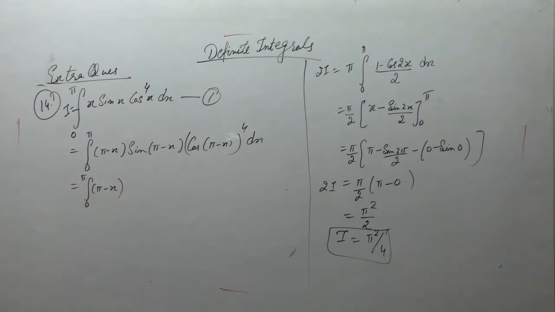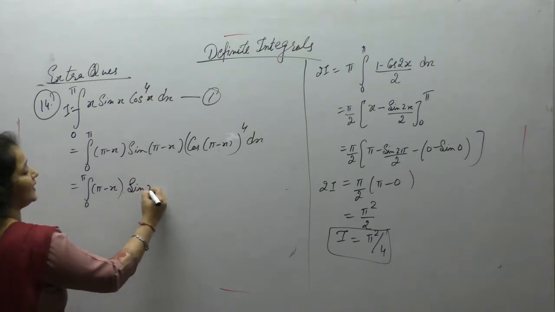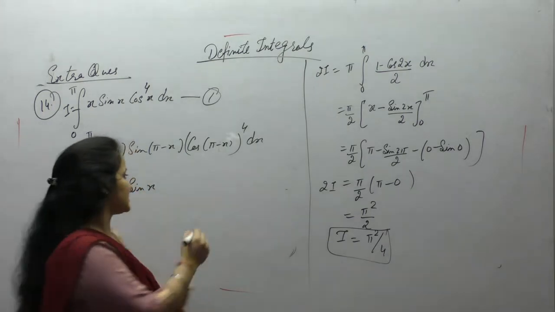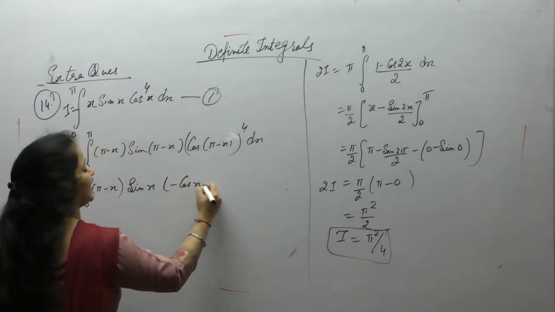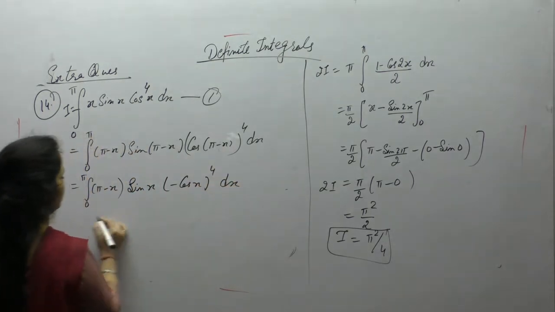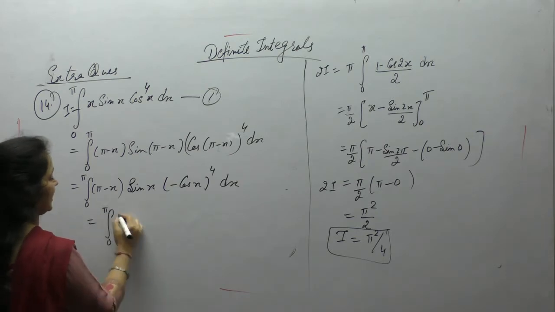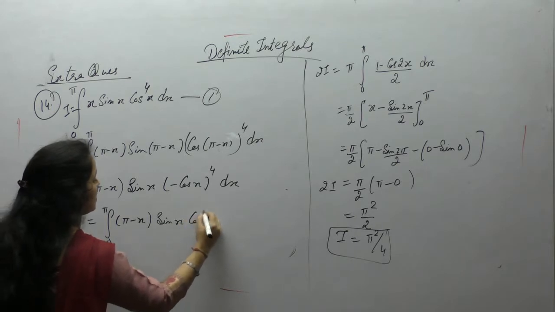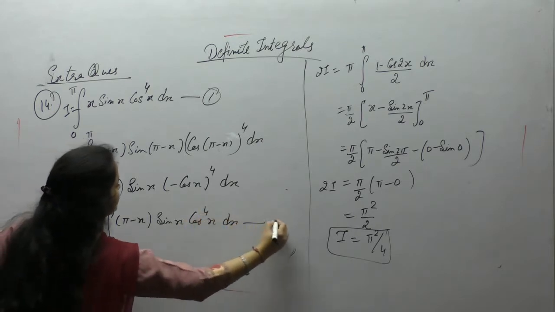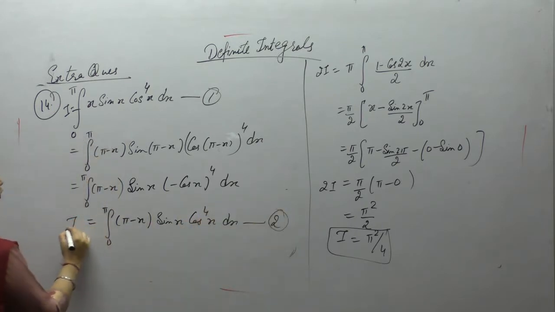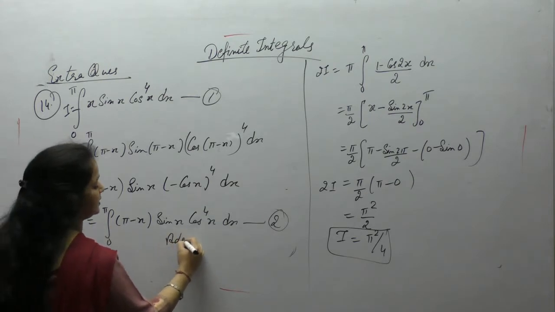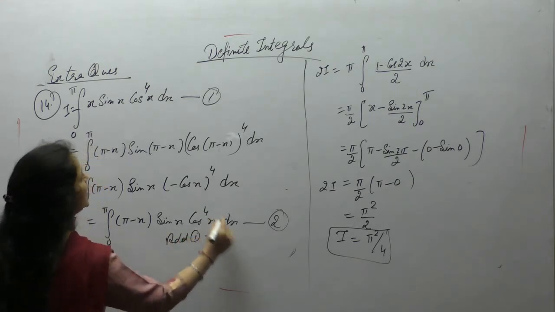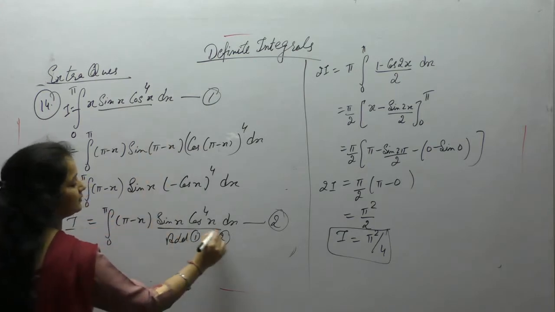Sin 180 minus theta is sin theta and cos 180 minus theta is minus cos, so cos of x power 4. 0 to pi, pi minus x sin x cos 4x dx. Now add 1 and 2. Sin x and cos 4x is common.